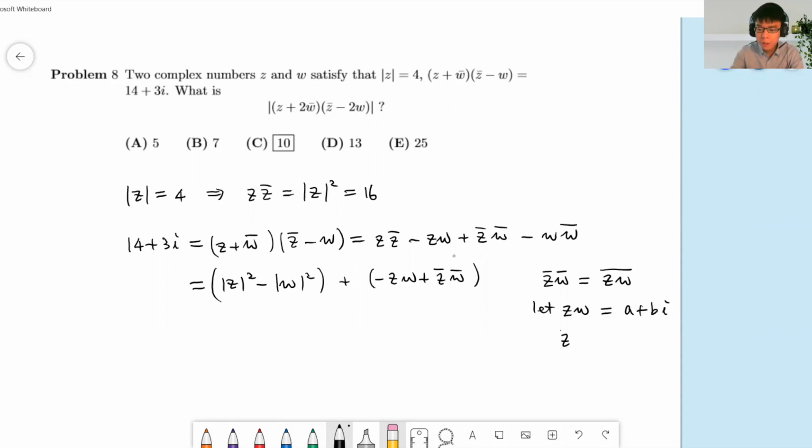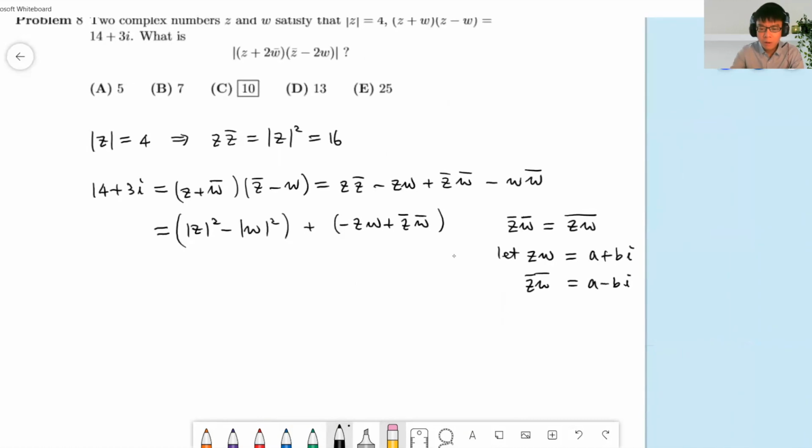Then the conjugate of zw equals a minus bi. In this way, we can find that minus zw plus z conjugate w conjugate equals minus a minus bi plus a minus bi. So we don't have a anymore. They cancel each other. Minus twice bi.